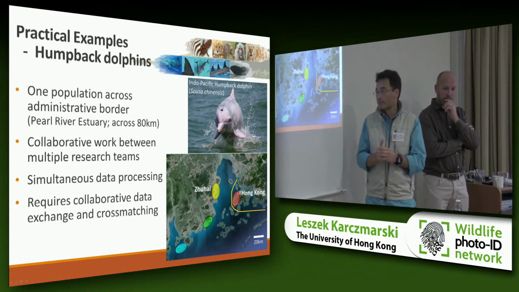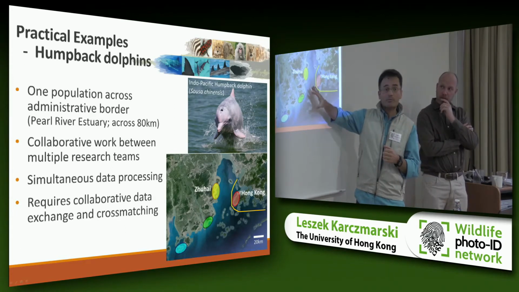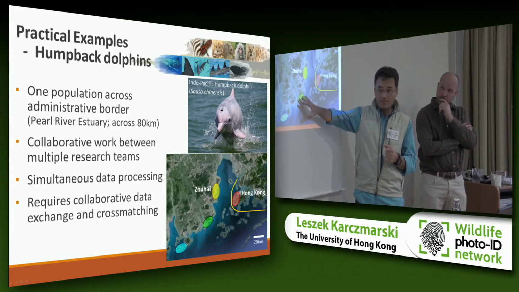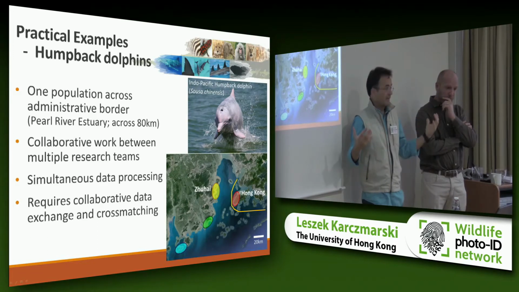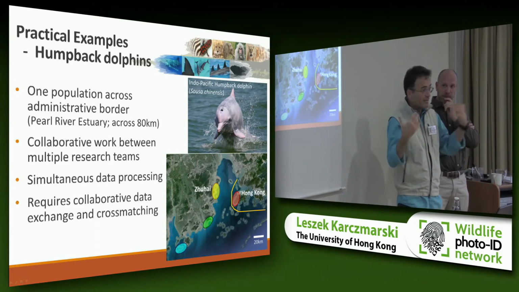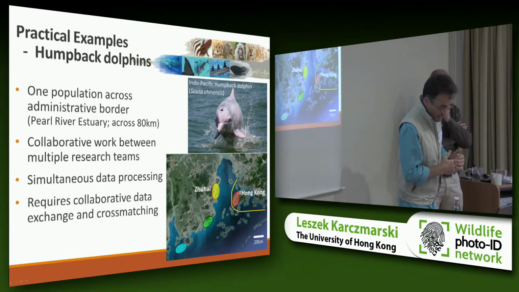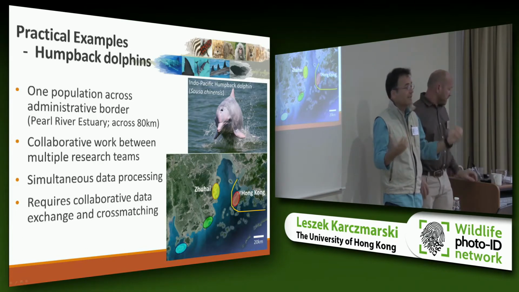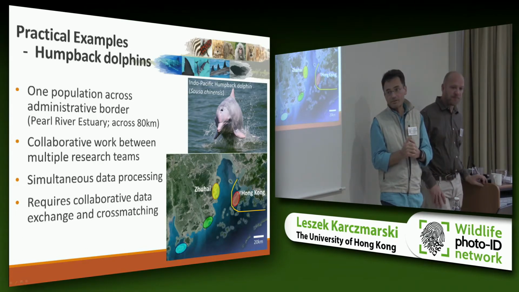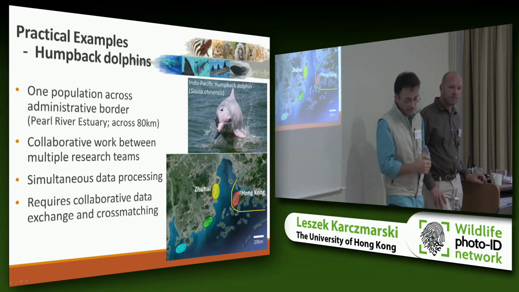So for a number of reasons, we need to use multiple research teams. So the case of one study site, one species, multiple researchers. So obviously coordinated collaboration and data sharing is critical.